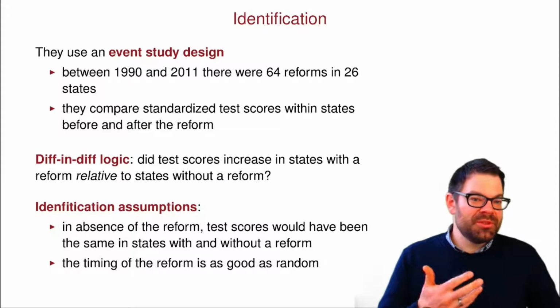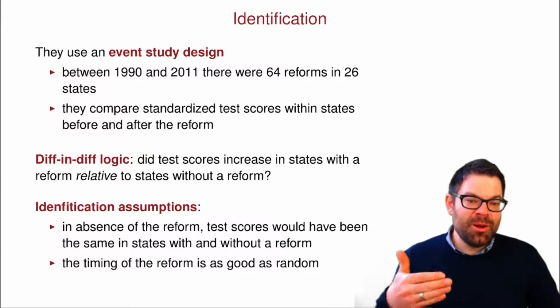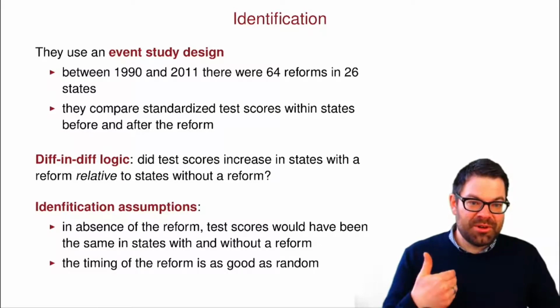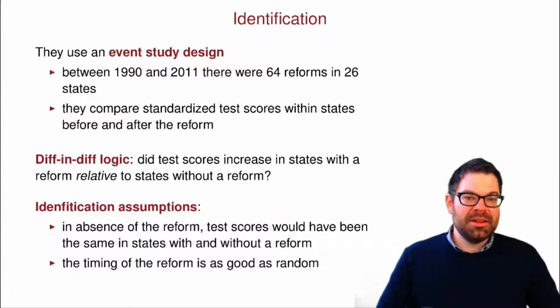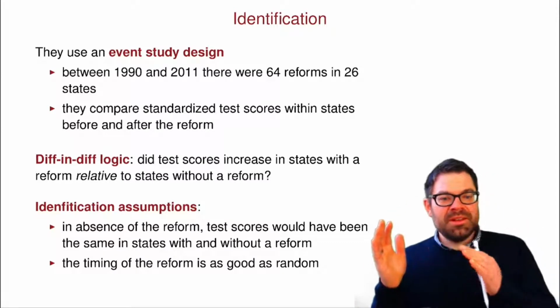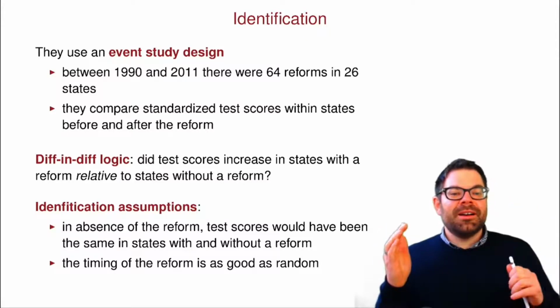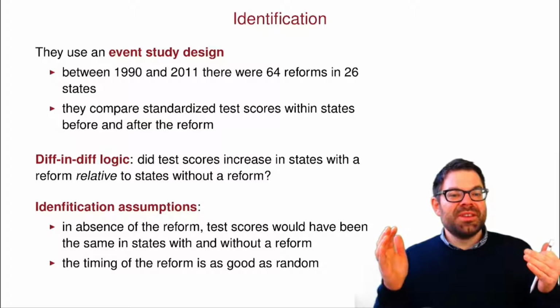And so this follows very clearly a difference in difference logic. So you had some states that were never treated at all, some states that were treated very early, that switched very early, and others that switched late. And then they use an event window around that time to look at, well, what is the effect of switching on test scores.